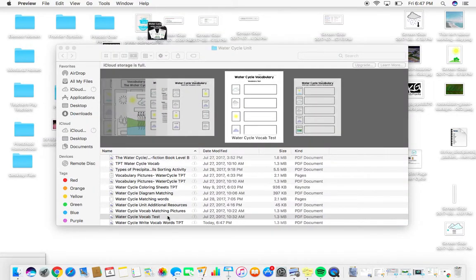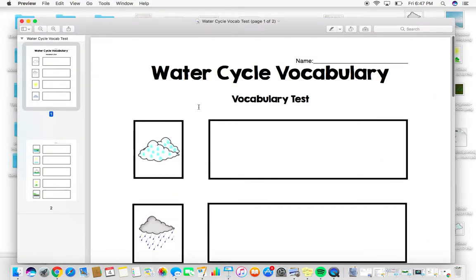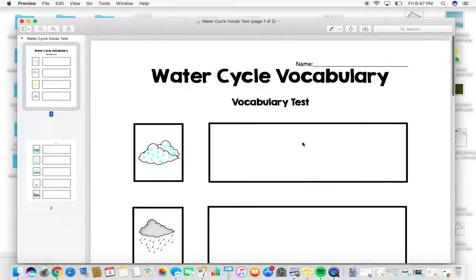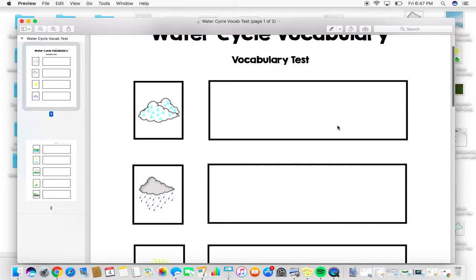Then you've got your vocabulary test. If you give that at the end of the week or at the end of the month, if the students can write, they can write the word that goes along with the picture, or you can show the picture and then make notes of their response method and whether or not they got it correct.